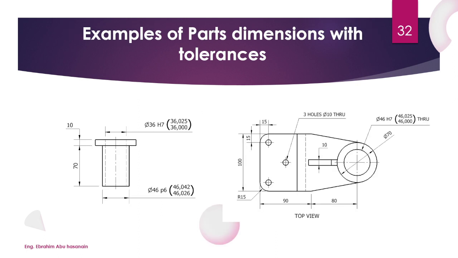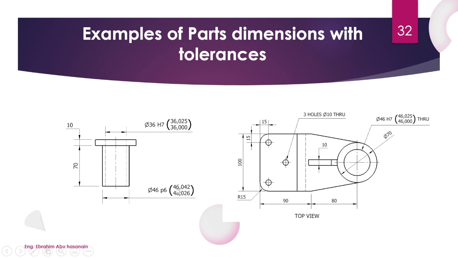What about parts? Here is an example of part dimensions with tolerance. In parts, as I told you, we have to show the size, or we can show the tolerance. And here we have the bushing 36 H7, with the upper side as the maximum size and the lower as the minimum size.